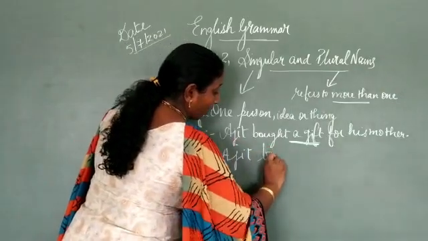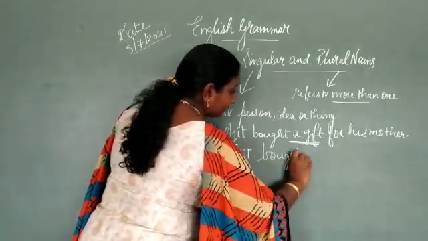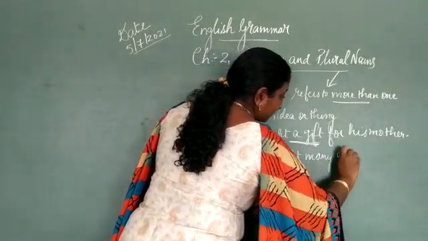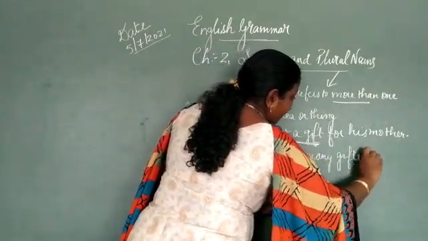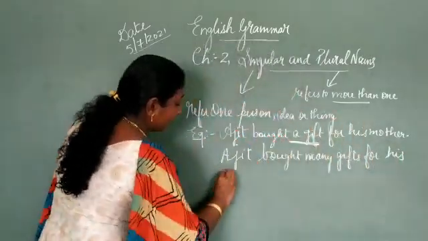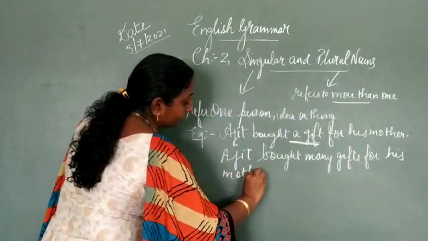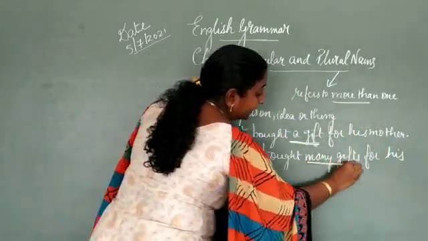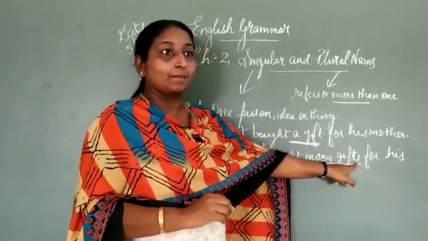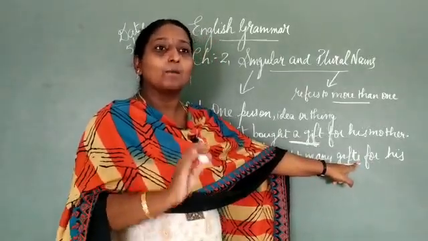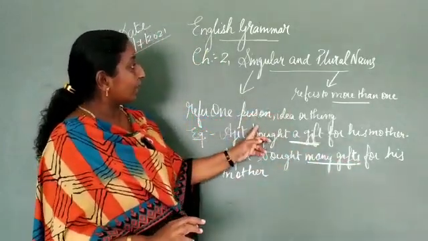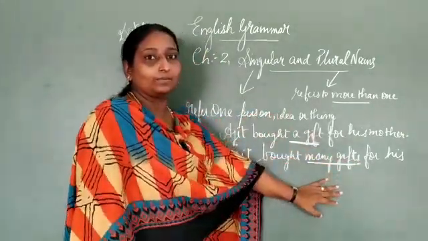Ajit bought many gifts for his mother. See children here, many gifts, G-I-F-T-S. Many gifts for his mother. So there we can bifurcate. It's a singular noun and it's a plural noun.